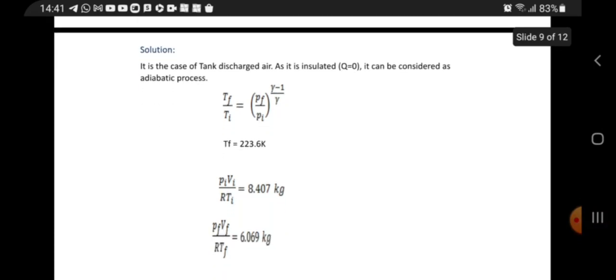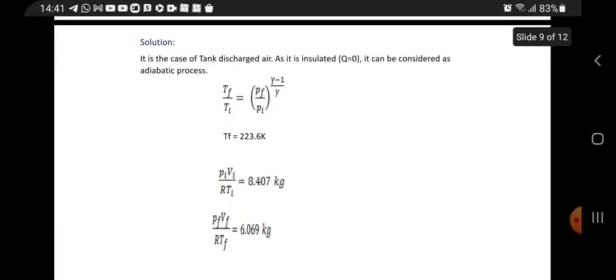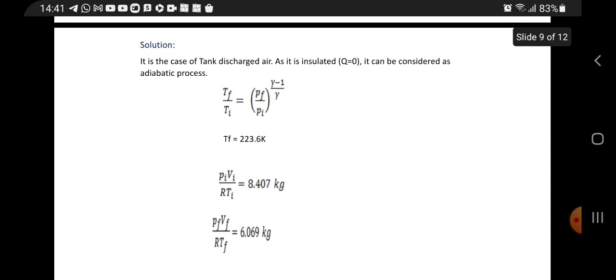Solution. The tank discharges air. Since it is insulated, Q is equal to 0. So we write the formula TF divided by TI is equal to (PF divided by PI) power (gamma minus 1) divided by gamma.